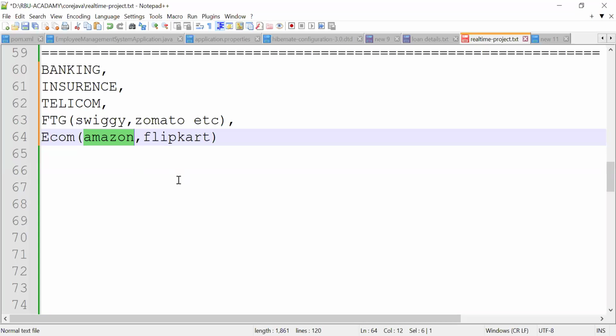Then those delivery agents will transfer your products to your city. Then in your city, the delivery boys will pick up the product, and they will deliver to your location, and they will update the status, I delivered it.